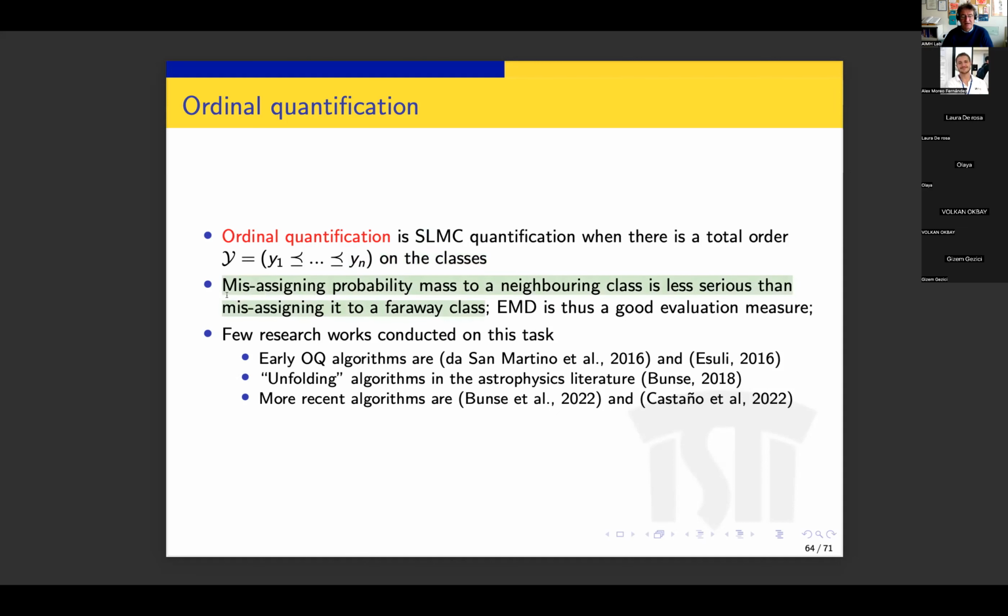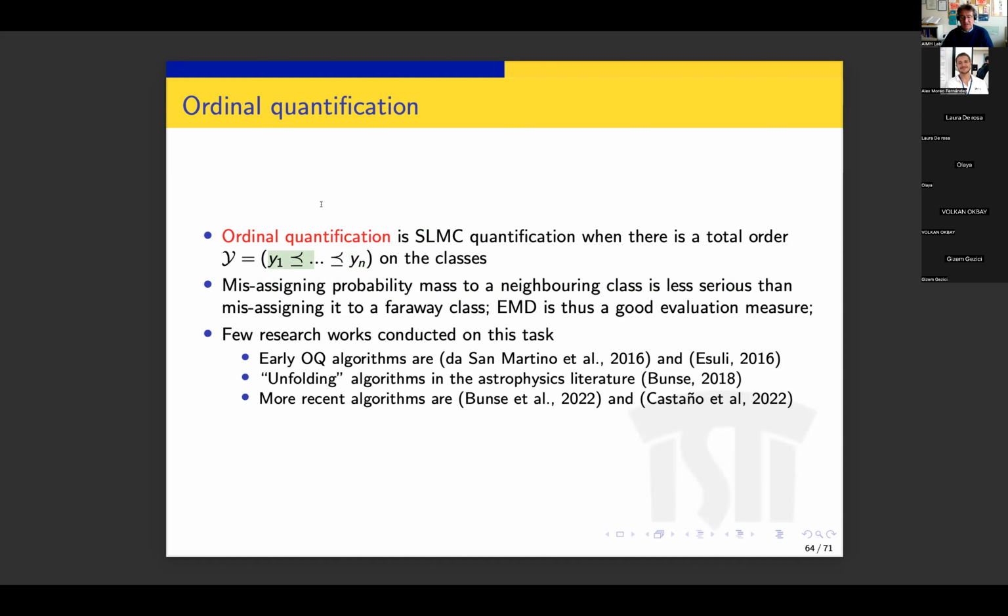So let's say I underestimate class Y1 by 2%, and this 2% goes to class Yn, which is then overestimated. This is a more serious mistake than if I make this mistake between two neighboring classes. Mistaking positive for very positive is less serious than mistaking very positive for very negative.